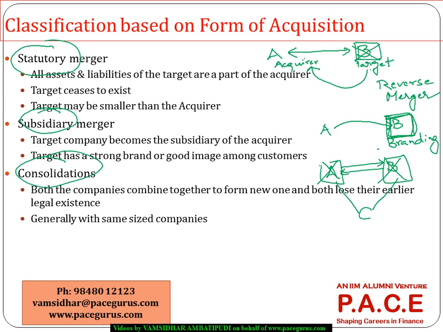Generally, this kind of deal is possible between companies of more or less equal size, like an Arcelor and a Mittal coming together. And so ArcelorMittal is the new formation wherein the individual companies have ceased to exist. So where the companies have equal weights, generally a consolidation kind of merger comes into the picture.